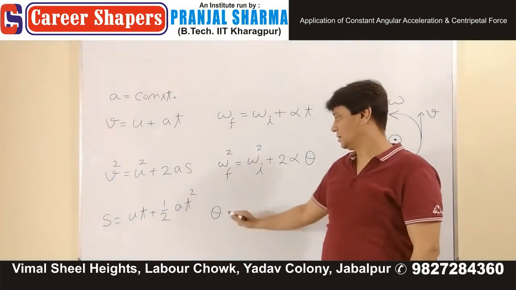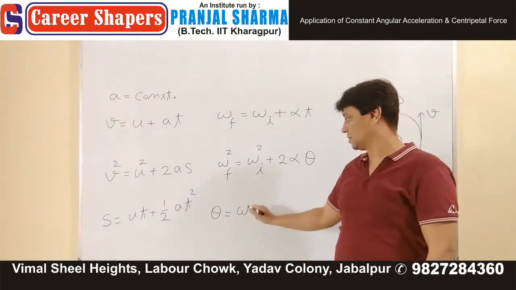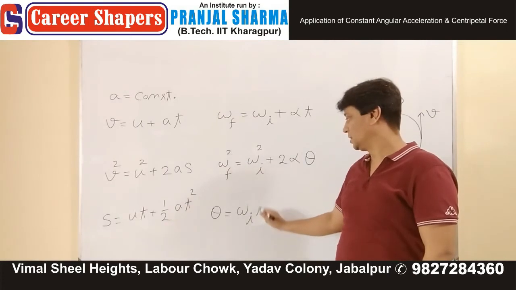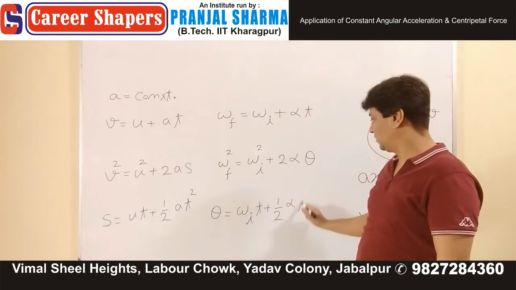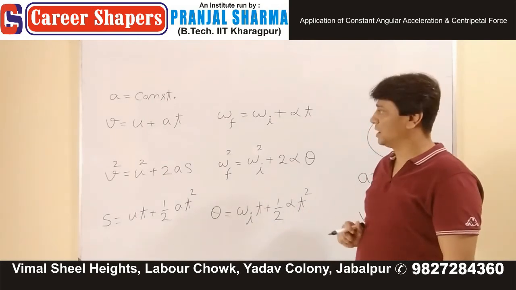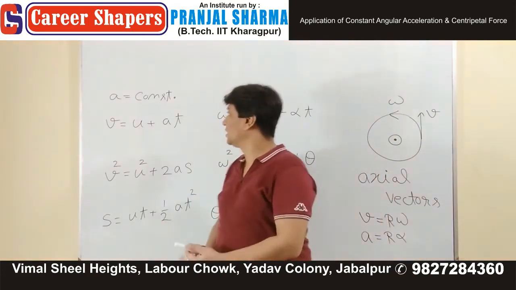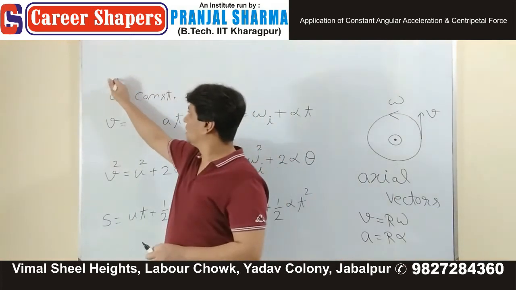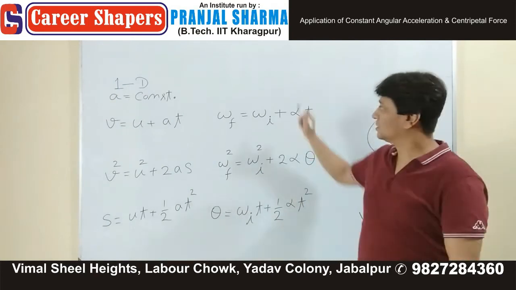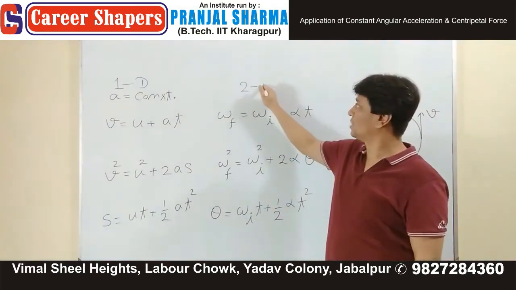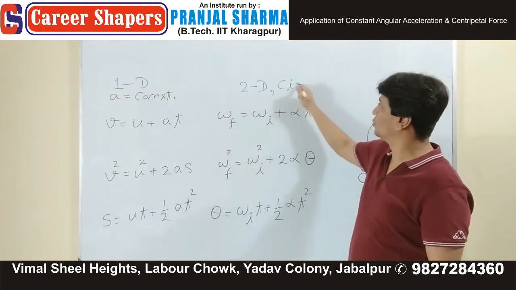Theta. What is U? Initial velocity. It becomes what? Omega initial T plus half alpha T square. So this was something which we established in one-dimensional motion. This is for the two-dimensional motion, which is circular motion.